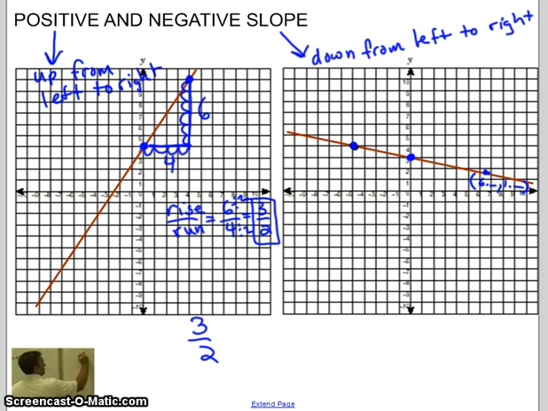Right here I know that this is 0, 3, and this point is negative 6, 4. Oh no, I'm sorry, that's a 4. Okay, 2 integers. Alright, and again, if I wanted to find the slope, I would draw a vertical line and a horizontal line connecting the 2 points.